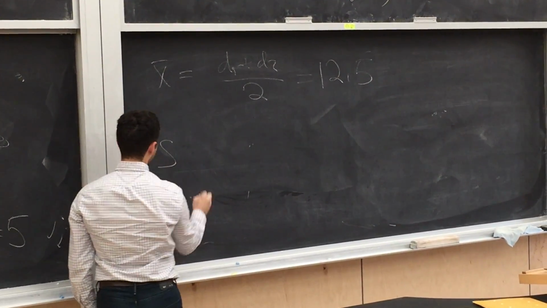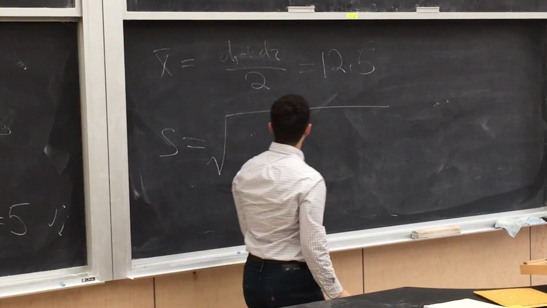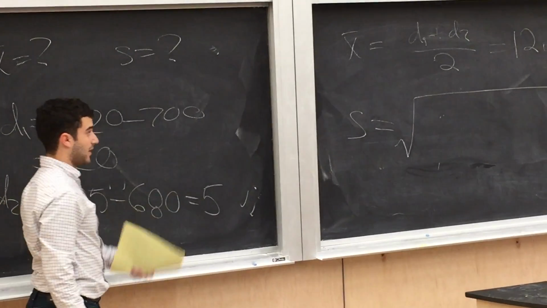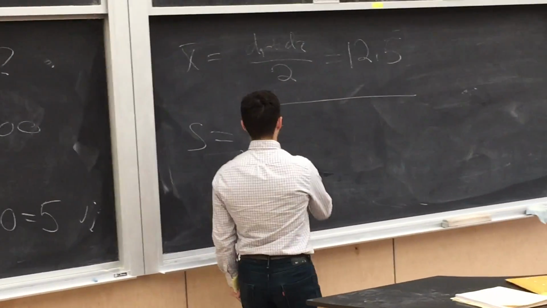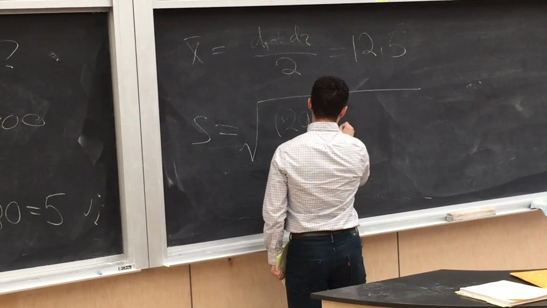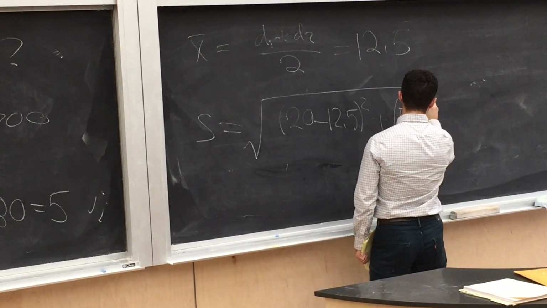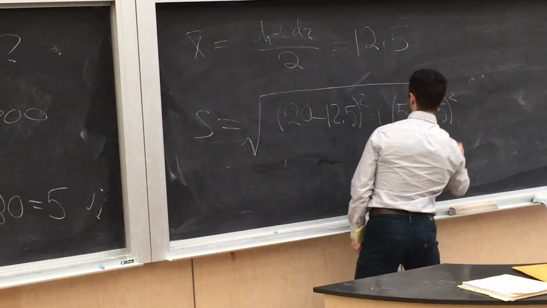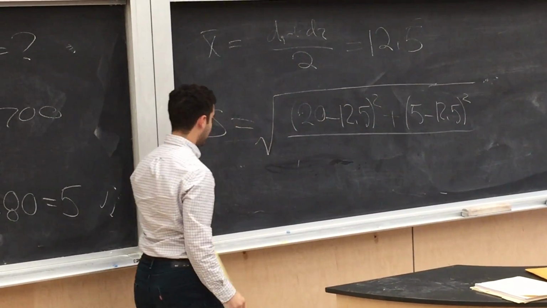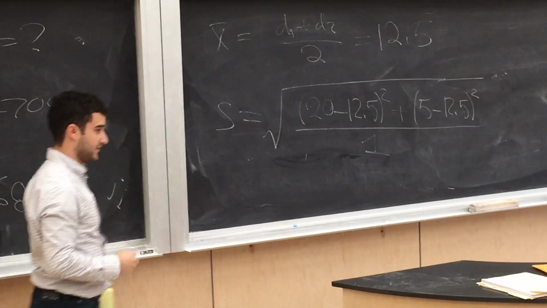The standard deviation, we have that big formula for it. It's the square root of D1 minus 12.5 squared, so that's going to be 20 minus 12.5 squared plus 5 minus 12.5 squared, all over n minus 1, which in this case is 1.